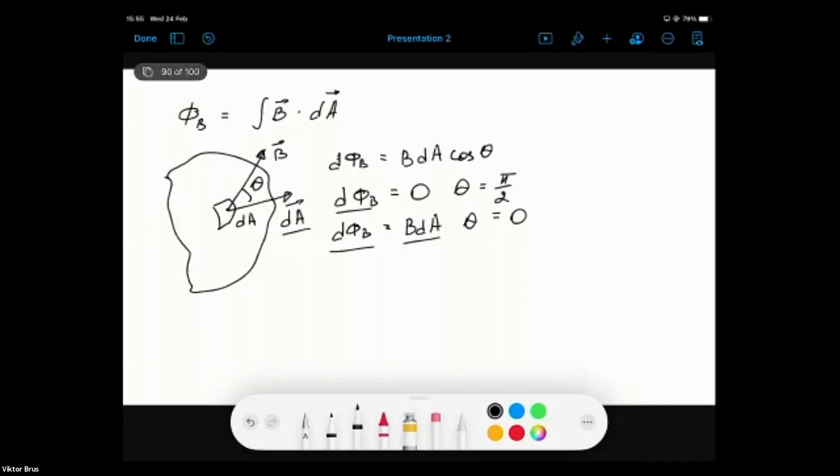In the same manner, the presence of some material with certain magnetic properties will also affect the magnitude of the magnetic field vector, and that we will consider in our next lecture on Friday.